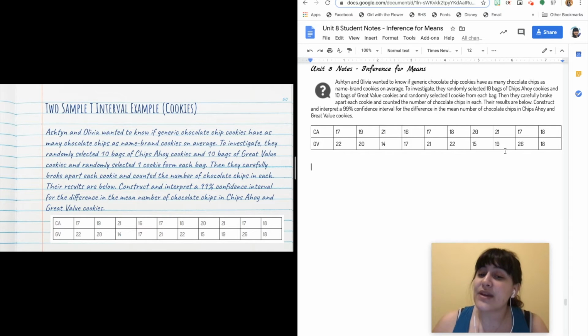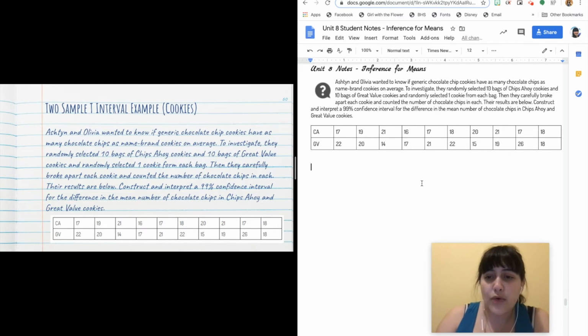So say I decided to write the top row from smallest to largest, and then I decided to write the bottom row from largest to smallest, then what's going to happen there is you're going to mess with your data, right? You can't easily pair these two things, right?